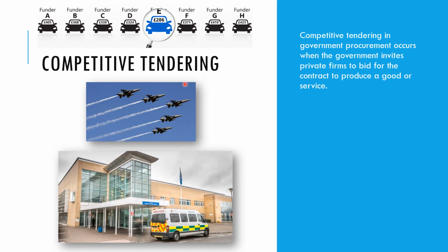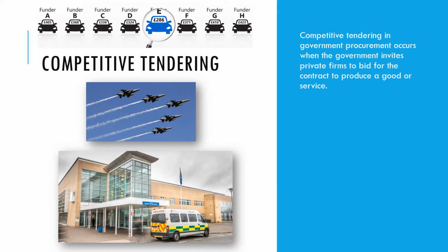The government might also use it, for example, to procure things like fighter jets for the Air Force. Rather than building the fighter jets ourselves as a government, we might invite private firms, Lockheed, Boeing, whoever it might be, to bid, saying, right, this is the price that we will charge to provide these fighter jets.